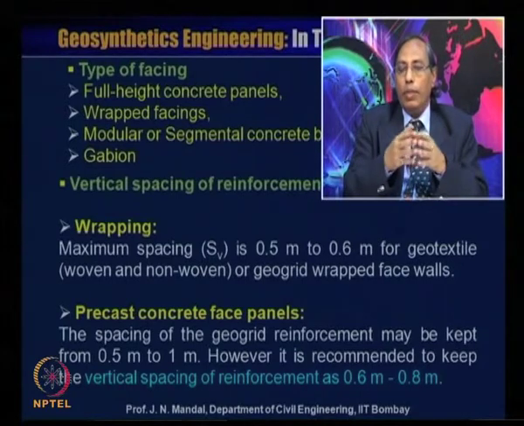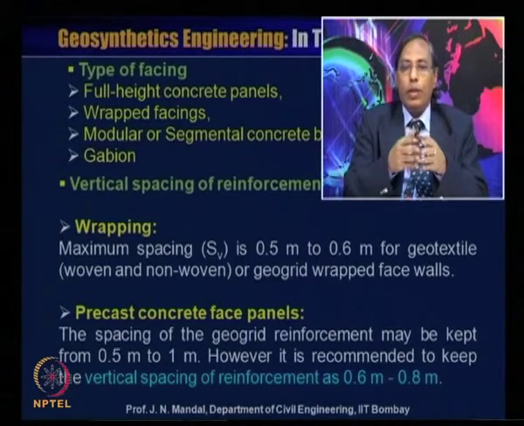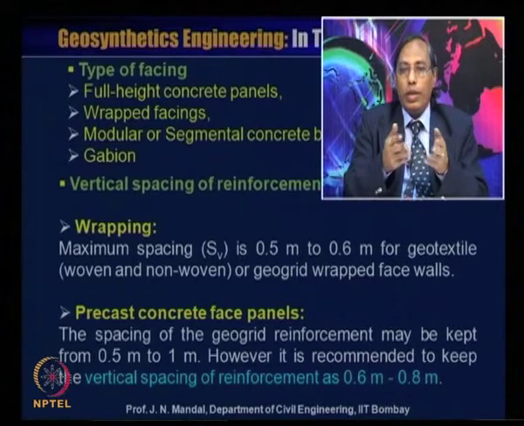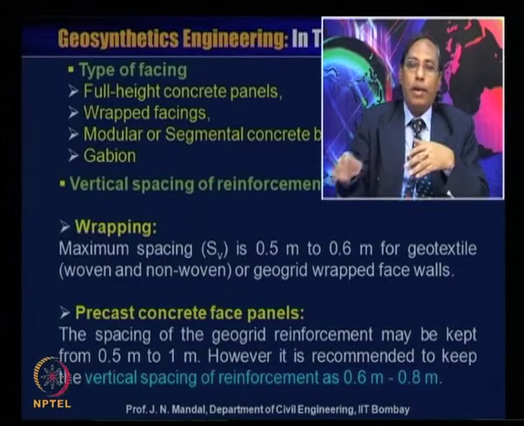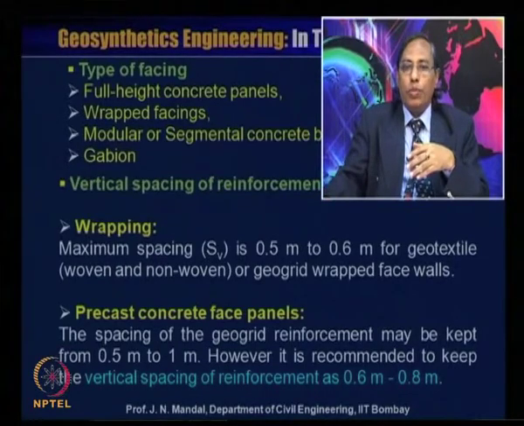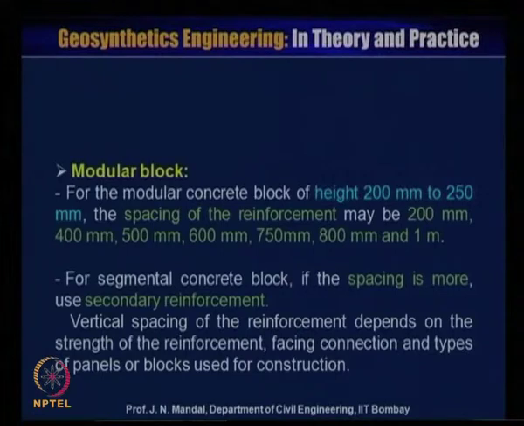So accordingly, we have to provide the vertical spacing, whether it is 0.6, 0.7, 0.75, 0.8, and sometimes it may be 1 meter. But it is recommended that the spacing of the reinforcement should lie between 0.6 to 0.8 meter, which will be very reasonable.